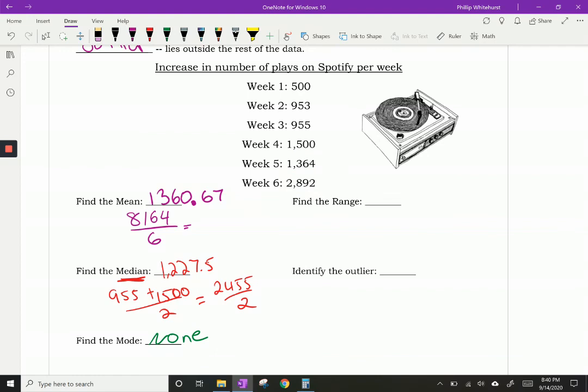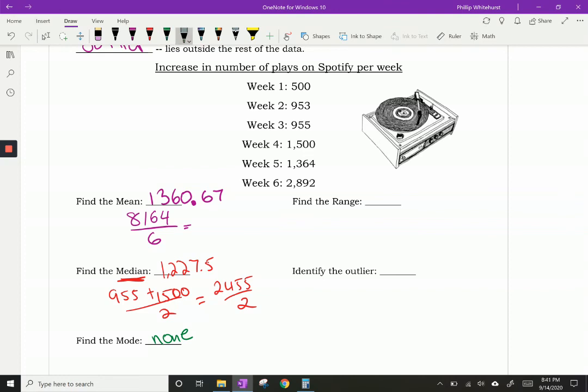But if I were to add another 500 here, then because 500 repeats, we could say our mode was 500 because it would be listed twice. But because in this case everything's listed once, we say there is no mode. Not zero, because remember, zero is a number. We say none.